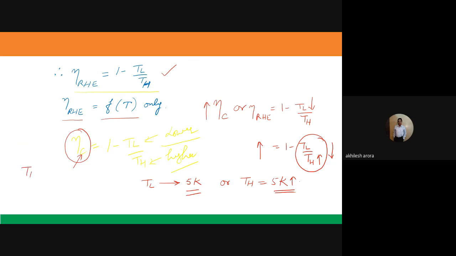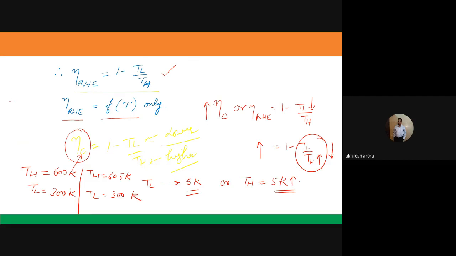Initial values can be considered as, let us say, TH is equal to 600 Kelvin, TL is equal to 300 Kelvin. Then you can assume that the value of TH is now 605 Kelvin and the value of TL is equal to 300 Kelvin.